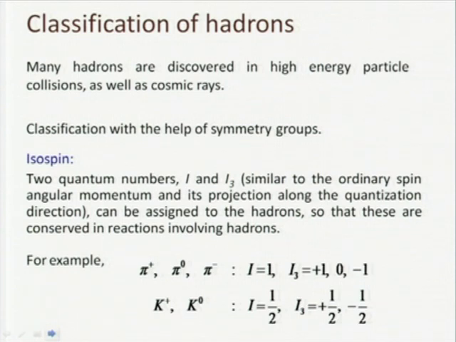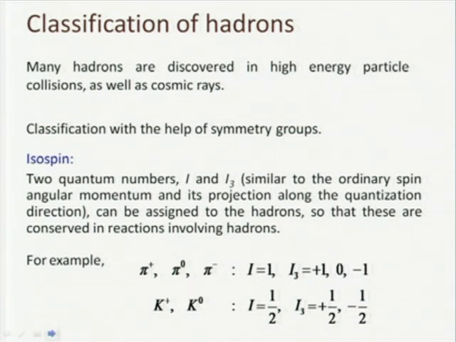So, there were only 2 particles of this kind with 500 MeV per c square mass, positively charged and 0 charge. That is not exactly true. There was also a K minus which was found later on, and also another neutral K 0 bar, which is the antiparticle of K 0.